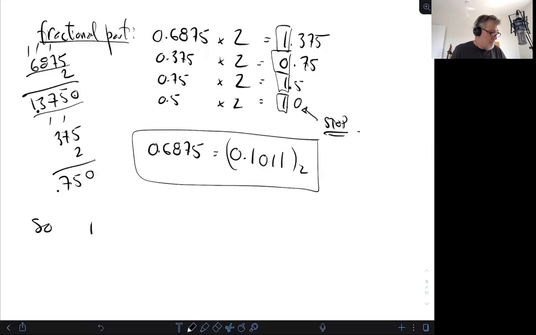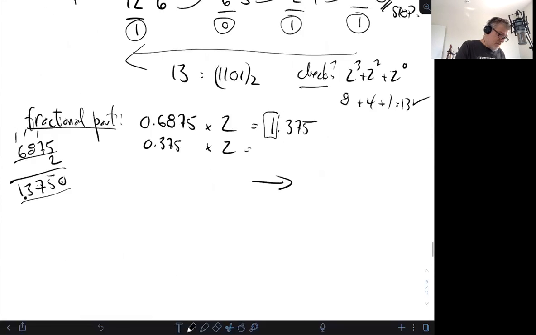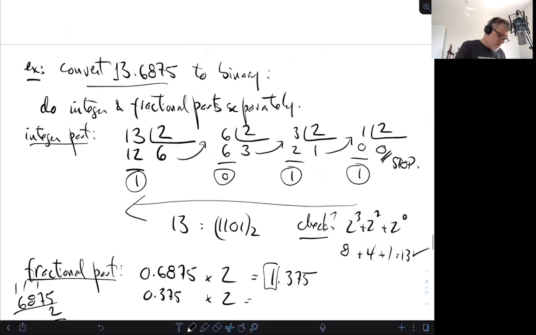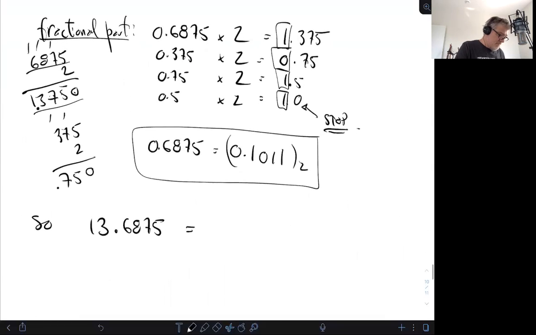So 13.6875 in binary is, what did I find earlier? I found 1101. Sorry about that. 1101.1011. Like that.